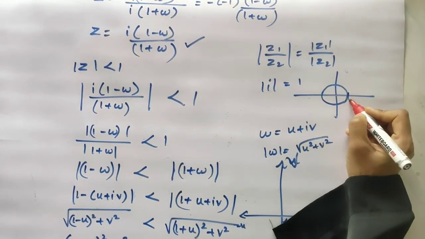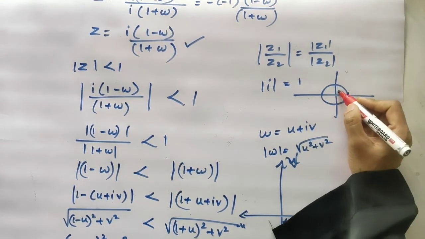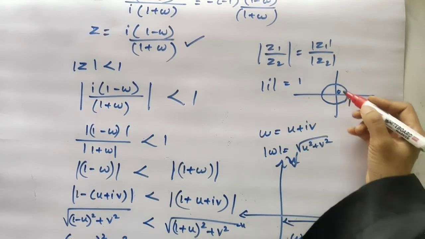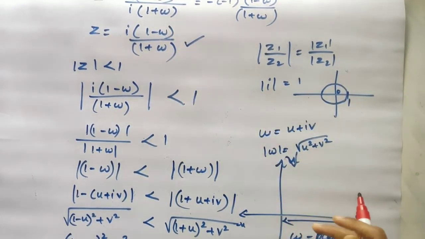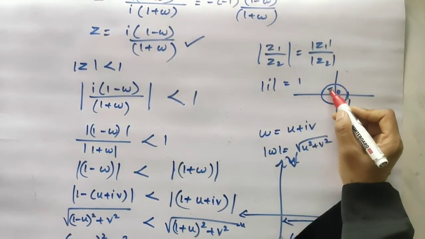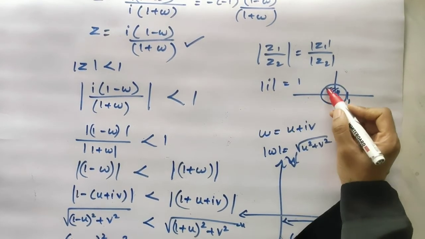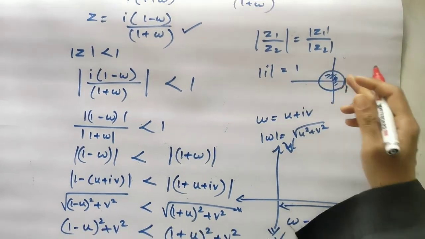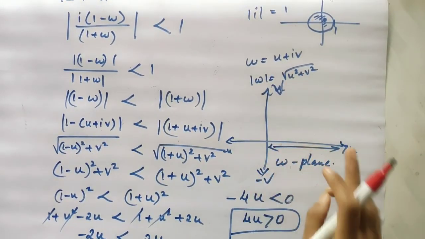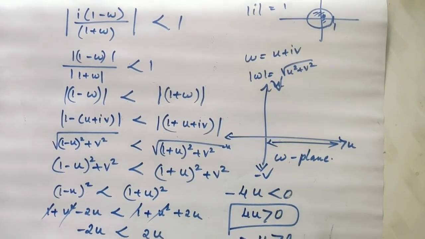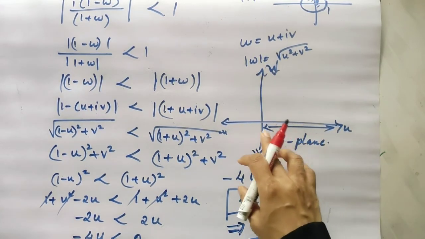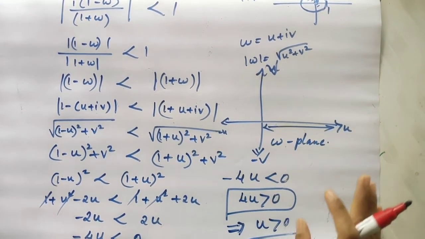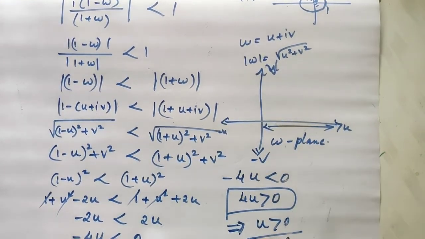Say this is radius 1, this is the origin center. So you are mapping under this bilinear transformation. What is happening is all the points inside this circle, not the boundary points, only the points inside the circle, are mapped to the right half of the w plane. Because look at this, u is greater than 0, and that too not the real axis but the positive side of the w plane.